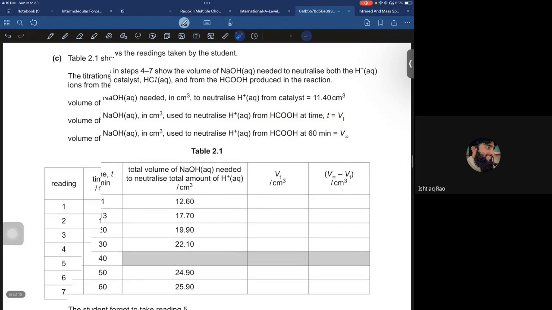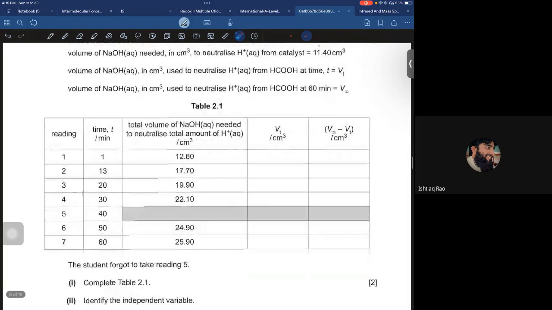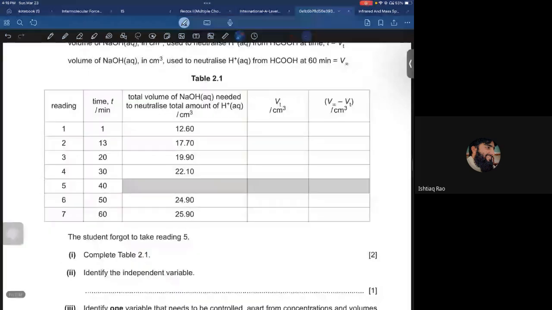Okay, so now they are saying complete the table. The student forgot to take reading 5. First of all, we have to complete Table 2.1.